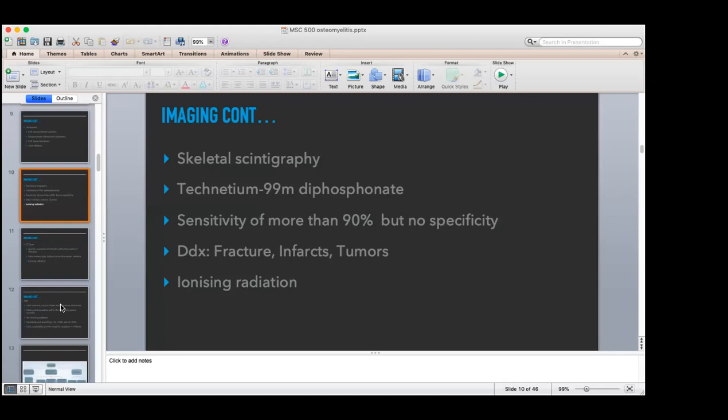Same for scintigraphy. It has enough energy to remove an electron from the outer shell of an atom, so it's an ionizing radiation. What does that mean? It means it's not safe. Okay, so by the time you decide to order a skeletal scintigraphy, your benefits should outweigh the risk, because the risk, as you can see, is already high.